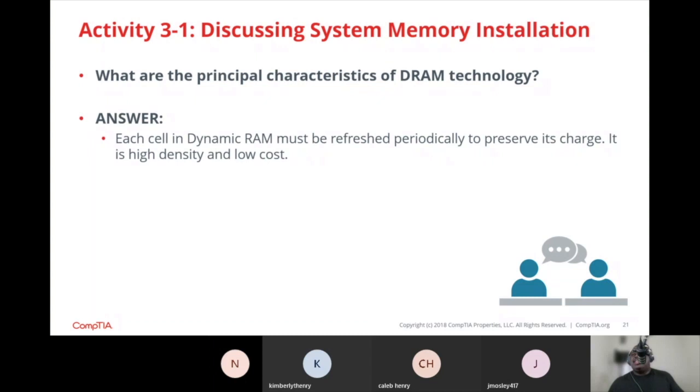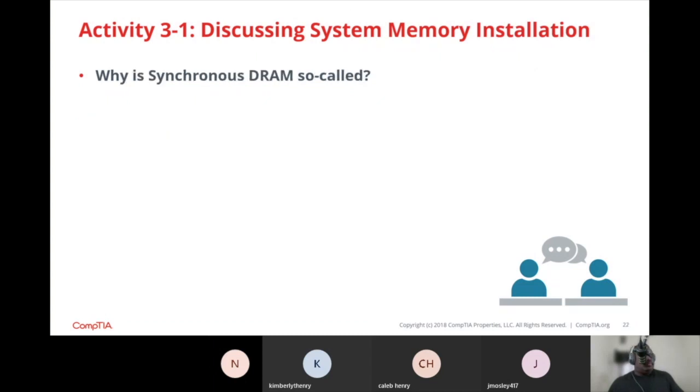It is high density and low cost. SDRAM or synchronous DRAM is so called. Why is it called synchronous DRAM? Because it works at the same speed as the motherboard.